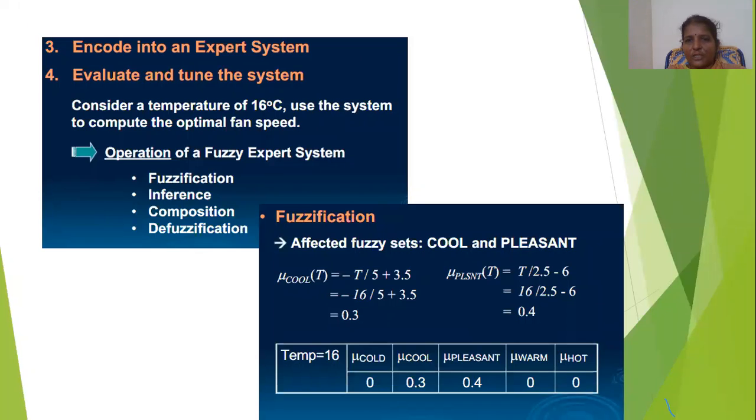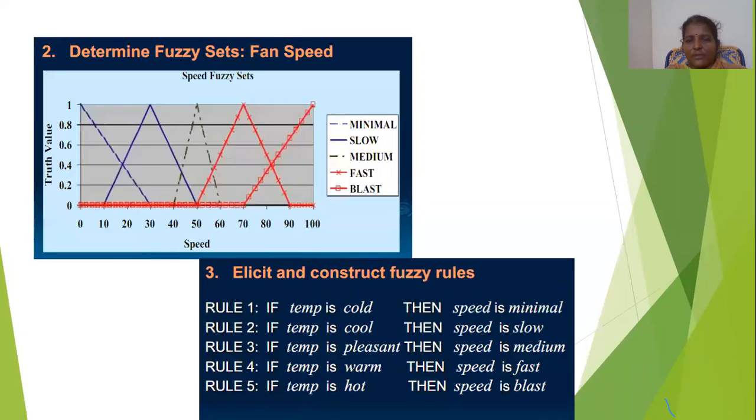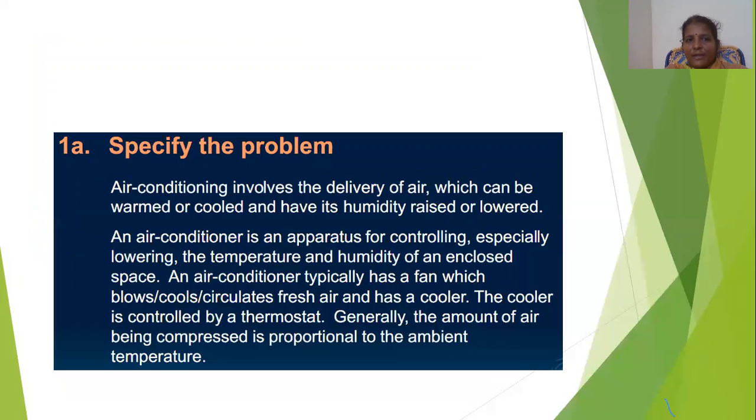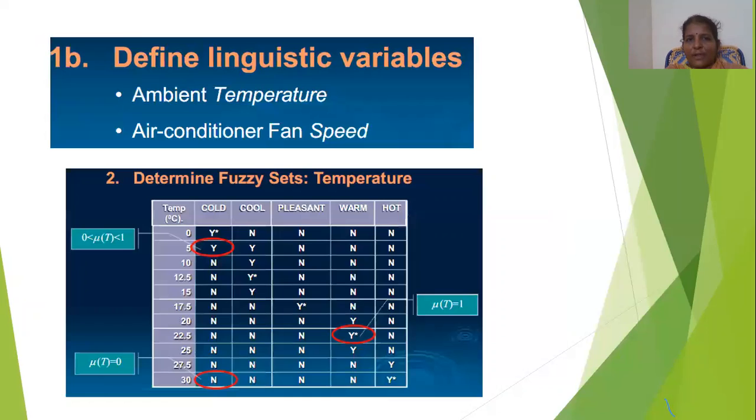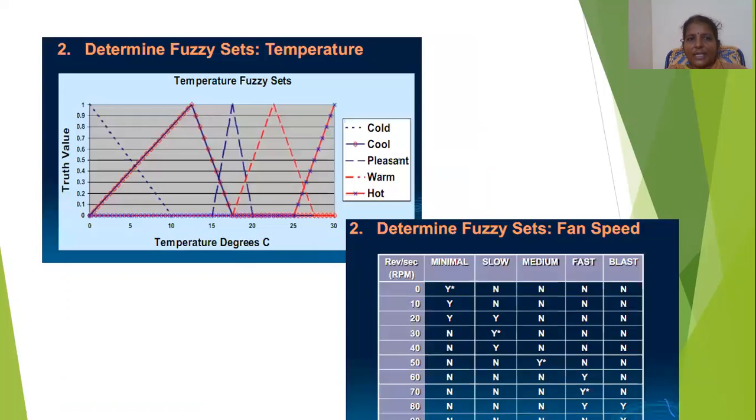Hope you understood the procedure. We are first specifying the problem, defining linguistic variables. Linguistic variables are projected to linguistic values between 0 and 1, for the temperature fuzzy set as well as the fan speed fuzzy set.